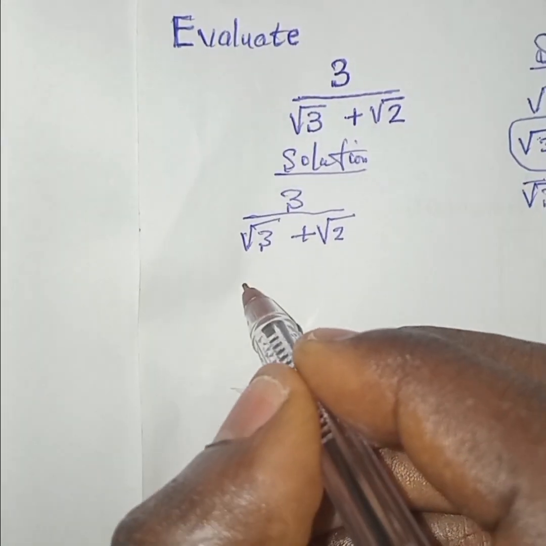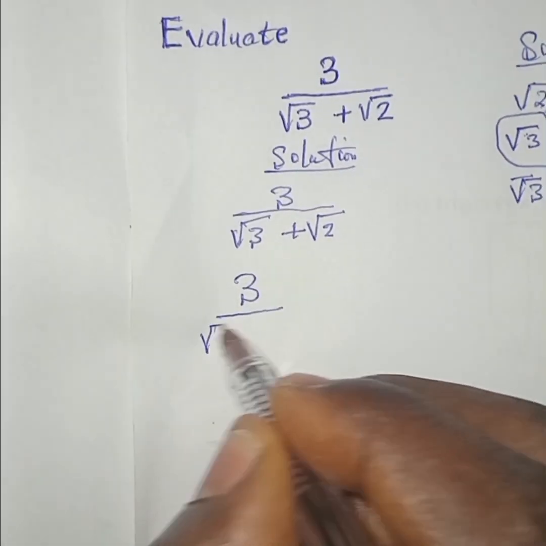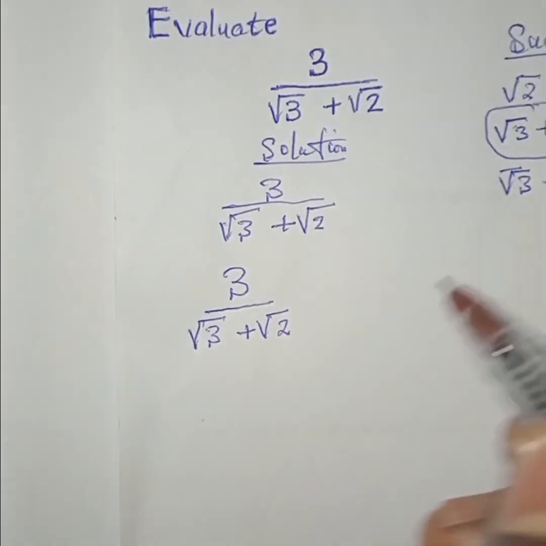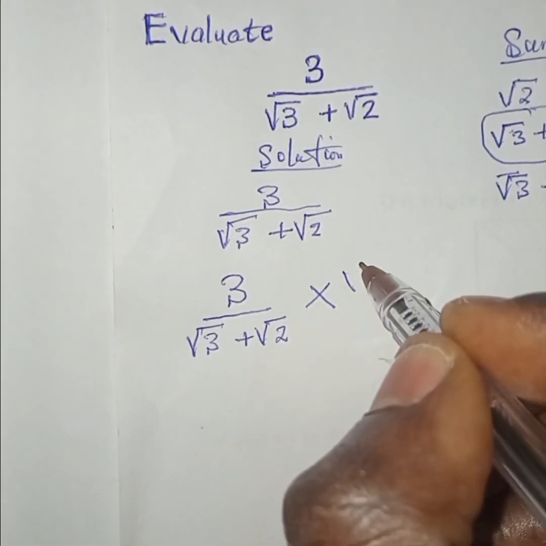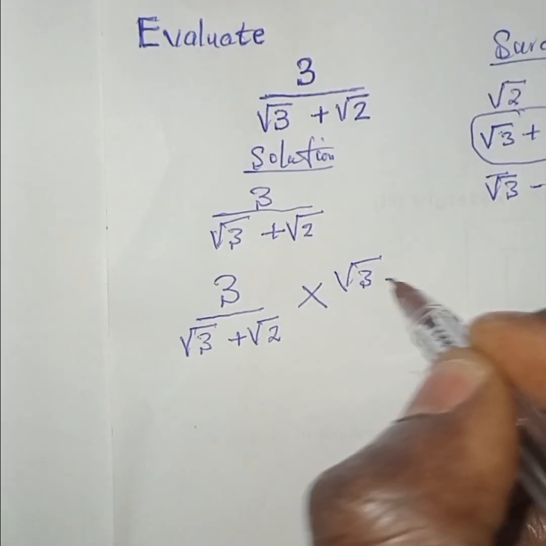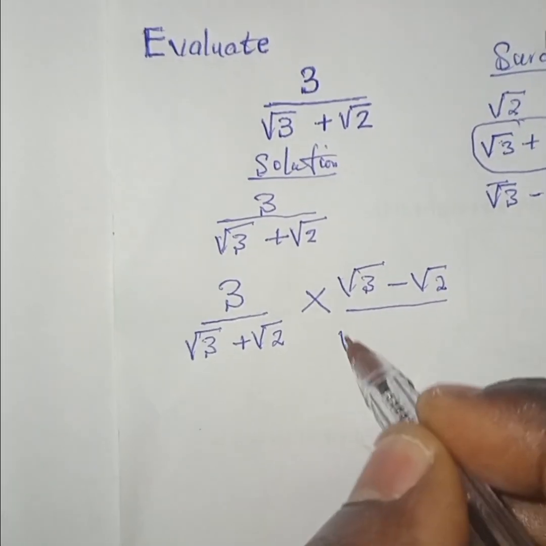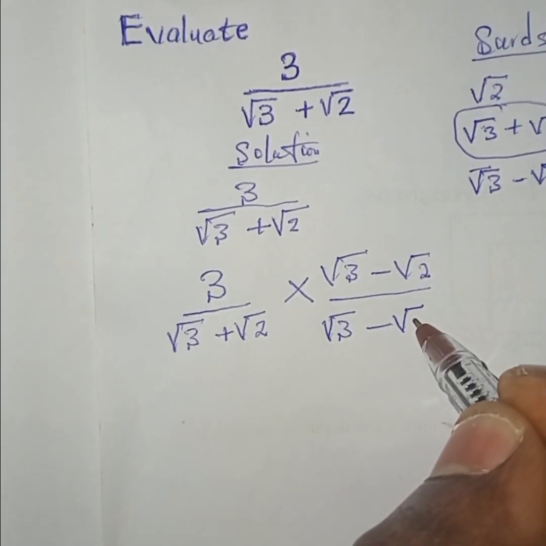So we have this all over square root of 3 plus square root of 2, multiplied by the conjugate, square root of 3 minus square root of 2 over square root of 3 minus square root of 2.